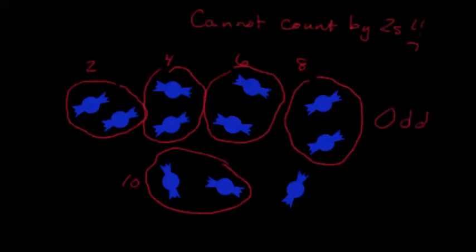So I go to the cashier and I say, "Wait a minute, I counted and that was not an even number. I need to try again." So the cashier gives me another bag of candy and says, "Okay, go ahead, try and count it out."